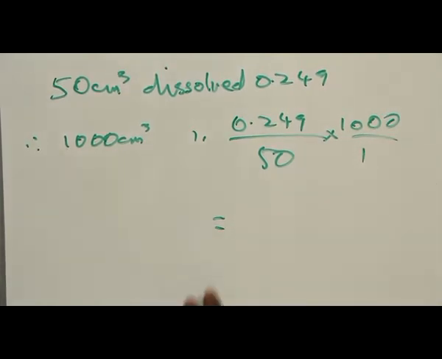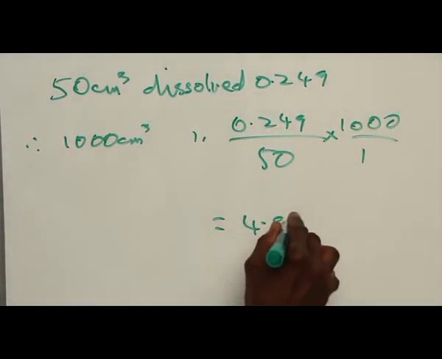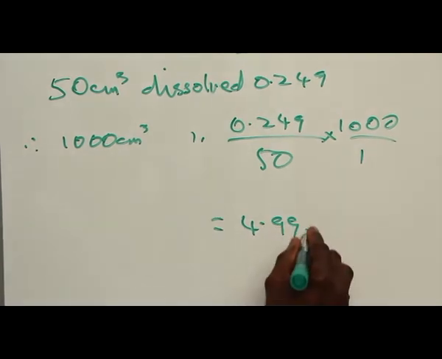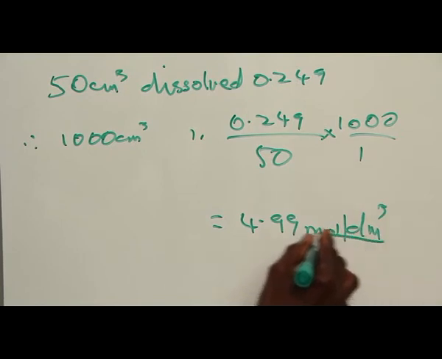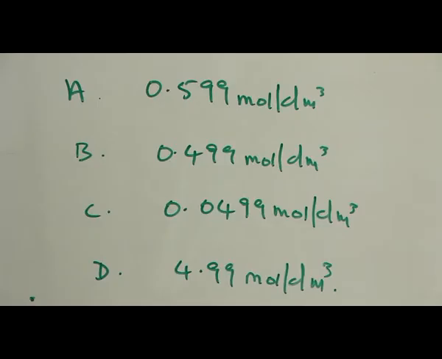And that gives us 4.99 mole per dm cube. From the solution we saw on the board, the option is 4.99 moles, and consequently the correct answer is D.